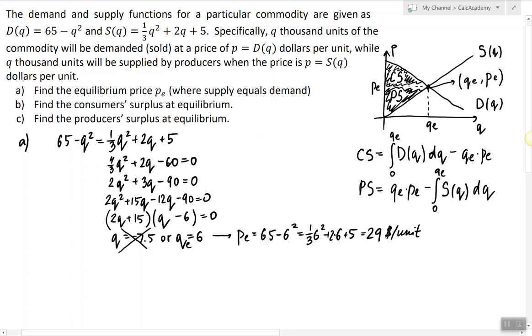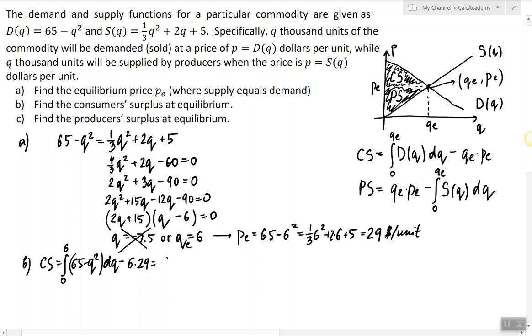Now, to find the consumer surplus, we simply have to set up and find the following integral. From 0 to 6, we integrate the demand function, which is 65 minus q squared, and we take away the area of that rectangle, which is 6 times 29.